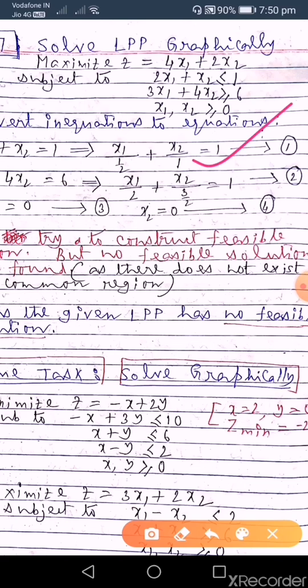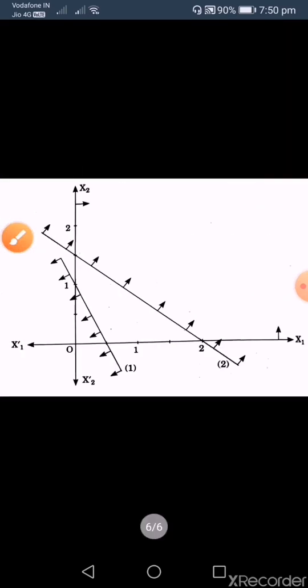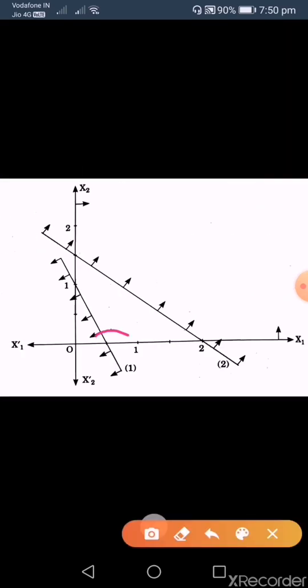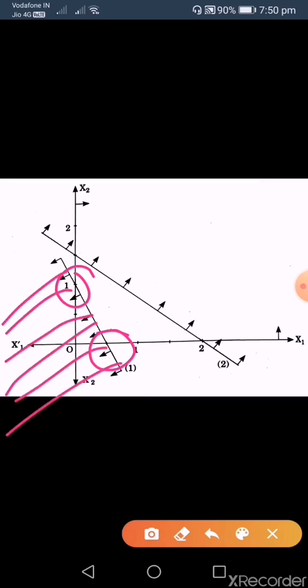It will pass through (half, 0) and (0, 1), and as this is less than equal to symbol, so 0 less than equal to 1 satisfies, so it will cover the region towards origin. So (1 by 2, 0), (0, 1), and towards origin. You see, this is (1 by 2, 0), this is (0, 1), and the region it will cover towards origin.